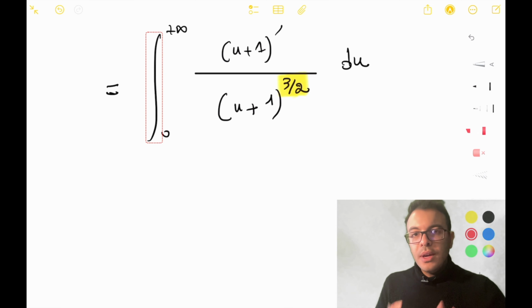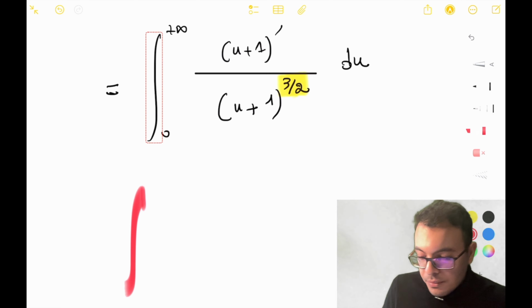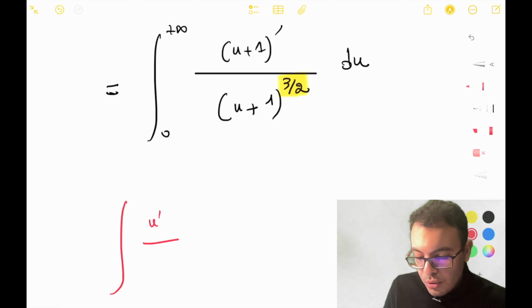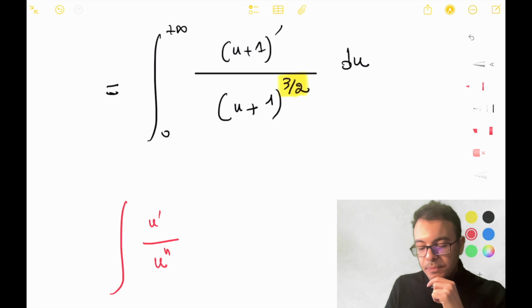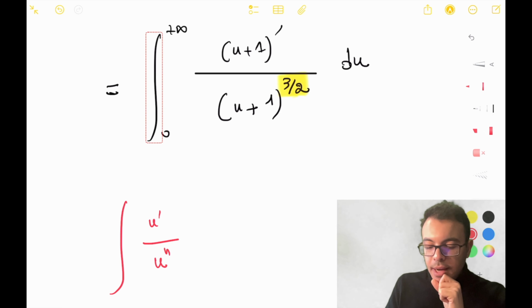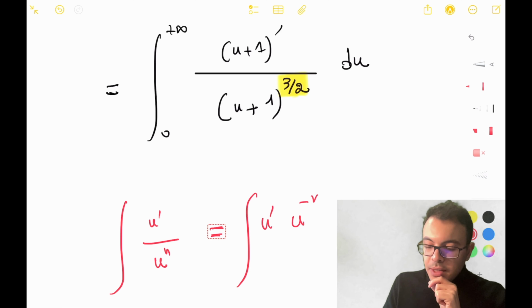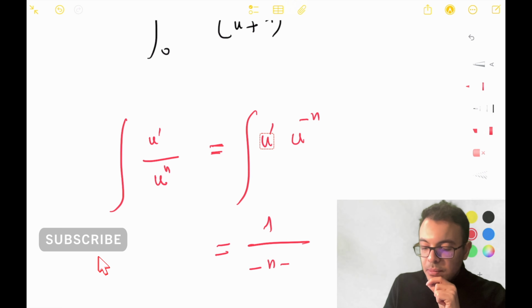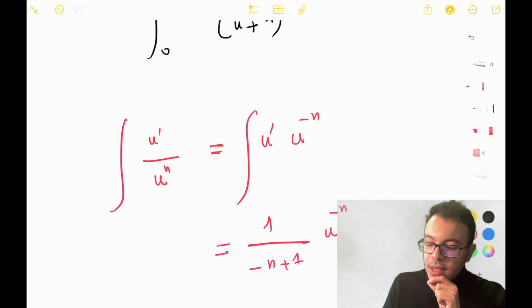We have a very interesting property. The property is the following: when you have the derivative of u over u to the n power, this is the derivative of u to the minus n. It's equivalent to 1 over (minus n plus 1) times u to the minus n plus 1.